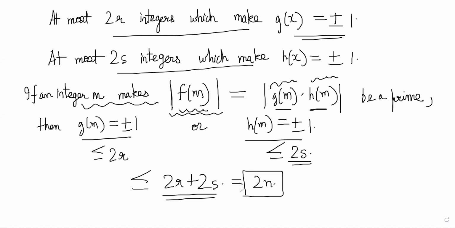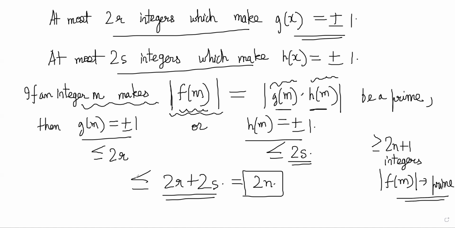But that contradicts our hypothesis. The hypothesis says that there are at least 2n plus 1 integers such that the absolute value of f of m is a prime, right? And we have proved here that it must be less than or equal to 2n. So we have a contradiction, and that means we cannot write f of x as g of x times h of x, and therefore f of x must be irreducible, right?